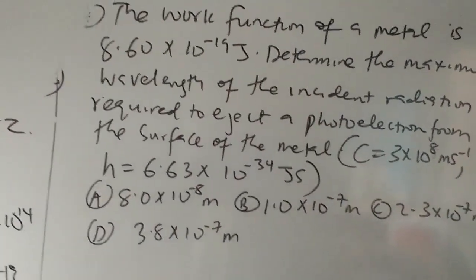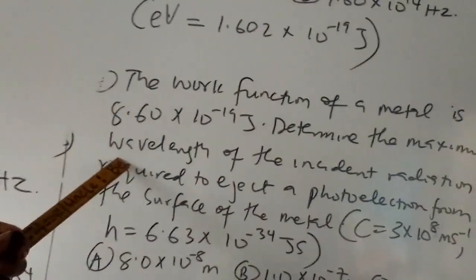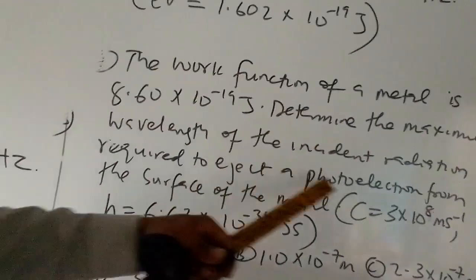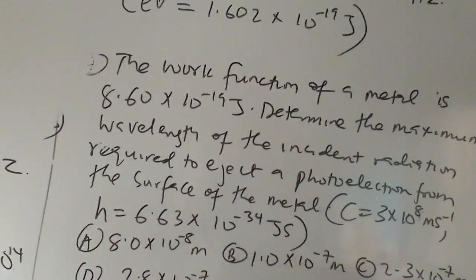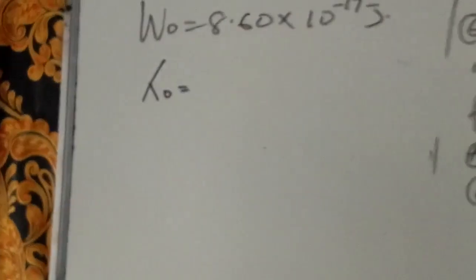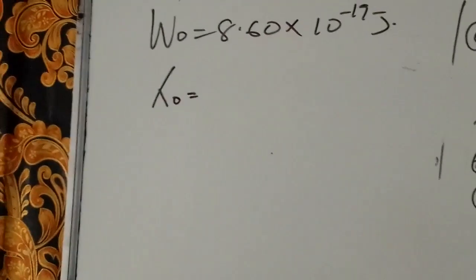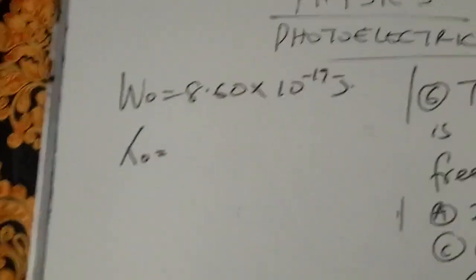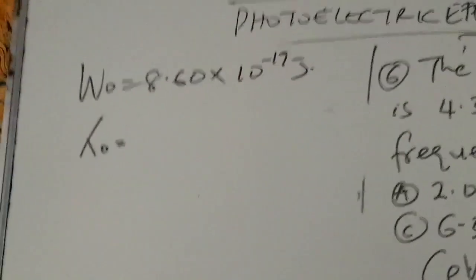The maximum wavelength of incident radiation required to eject a photoelectron from a metal surface is called the threshold wavelength. The minimum frequency of light required to remove an electron from a metal surface is called the threshold frequency.